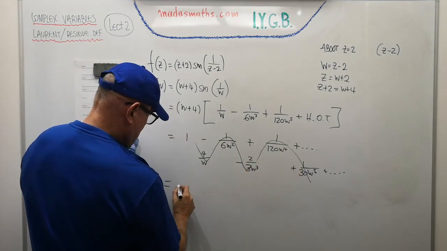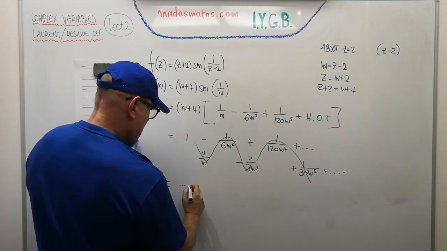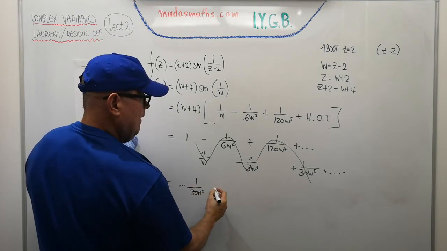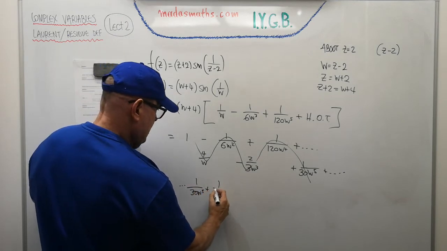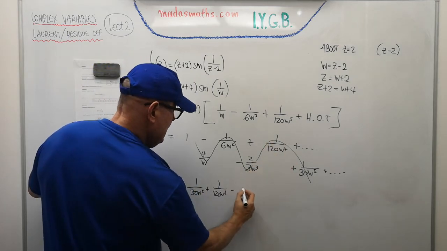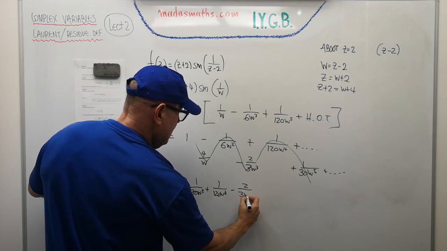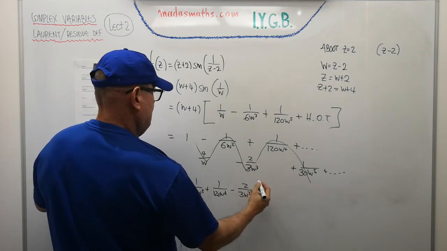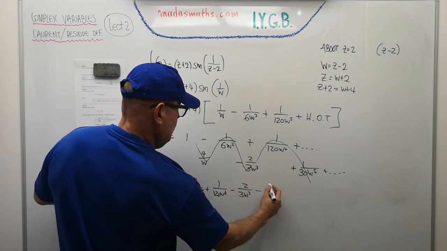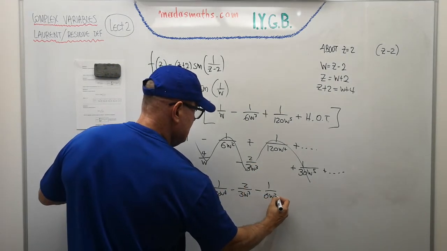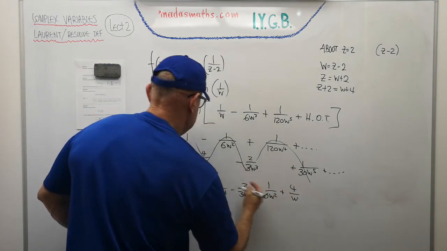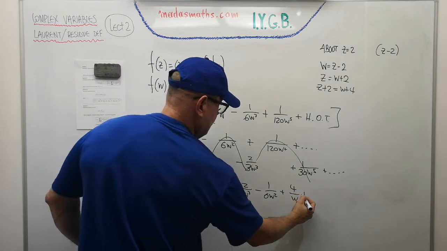Okay, so I'm going to start putting dot, dot, dot, 1 over 30 W to the 5, plus 1 over 120 W to the 4, and then minus 2 over 3 W cubed, and there's a minus again, minus 1 over 6 W squared, plus 4 over W, and then it terminates on the far right with a plus 1.